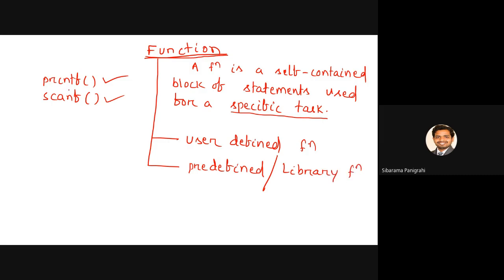So printf, scanf are your predefined or library functions. Now every function has three parts. What are the three parts? The first part is function prototype.